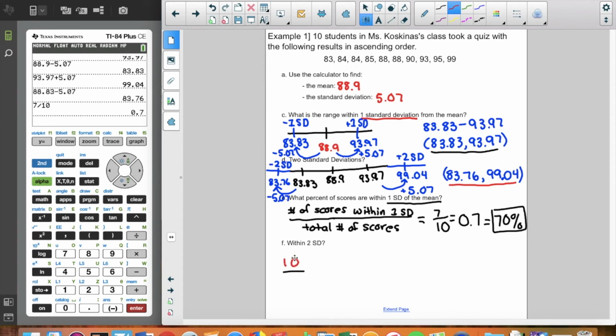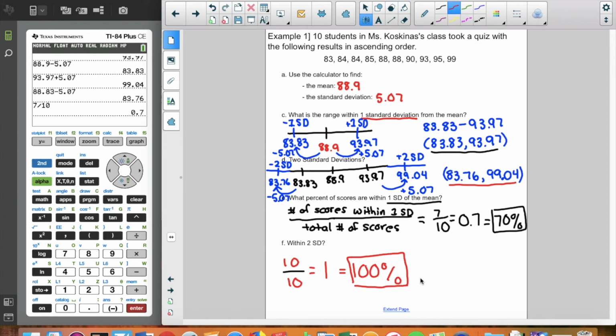So 10 out of our 10 scores are within two standard deviations. 10 divided by 10 is 1. If you change that into a percent, it is 100%. So you see, the more standard deviations away from the mean we go, the more percentage of our scores or our data points are within that range.